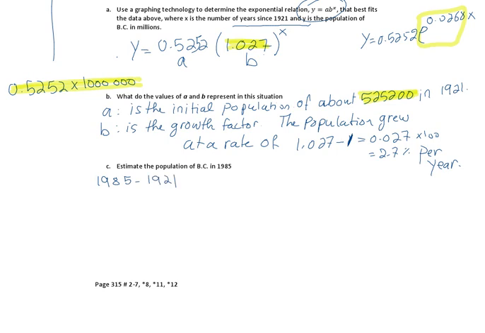I'm gonna get 64 years, right? So x is the number of years since 1921. All I have to do is plug in 64 for x and find my solution. Okay?